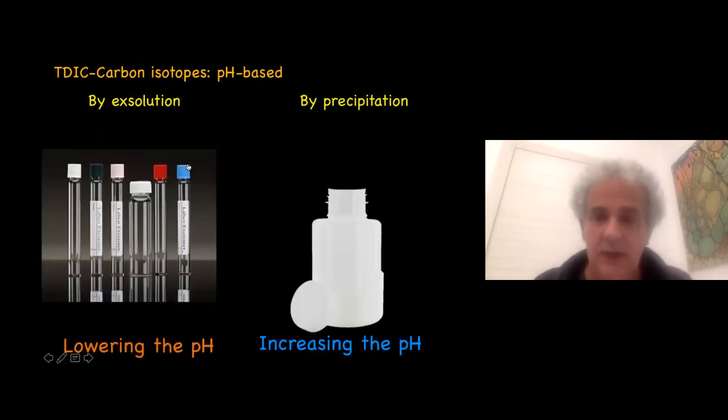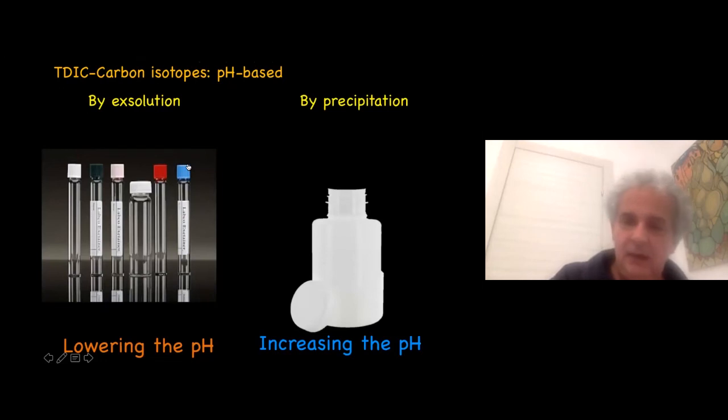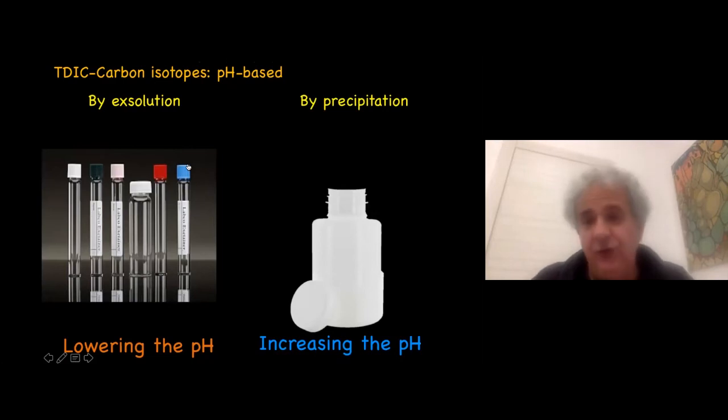What can we do with this important basic chemistry? We can do the carbon isotopes in the total dissolved inorganic carbon, and usually there are two different approaches, where both of them are pH based.